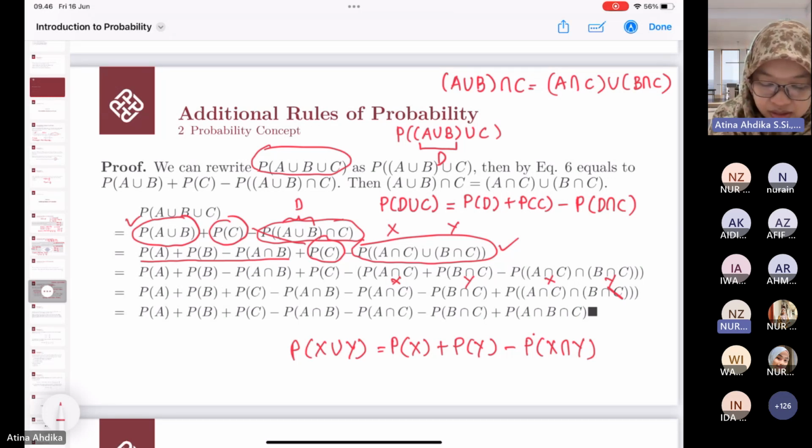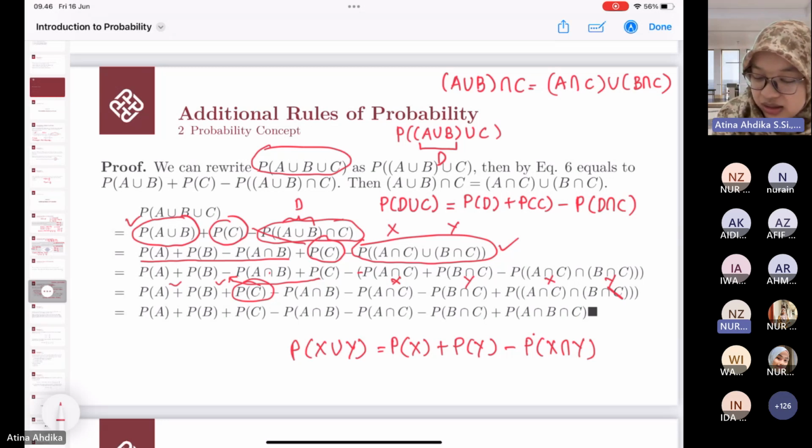So we have here the probability of A plus the probability of B plus the probability of C. Yeah, we just move it to the front, the probability of C. And then minus the probability of the intersection between A and B, and then minus the probability of the intersection between A and C, minus the probability of the intersection between X and Y here.